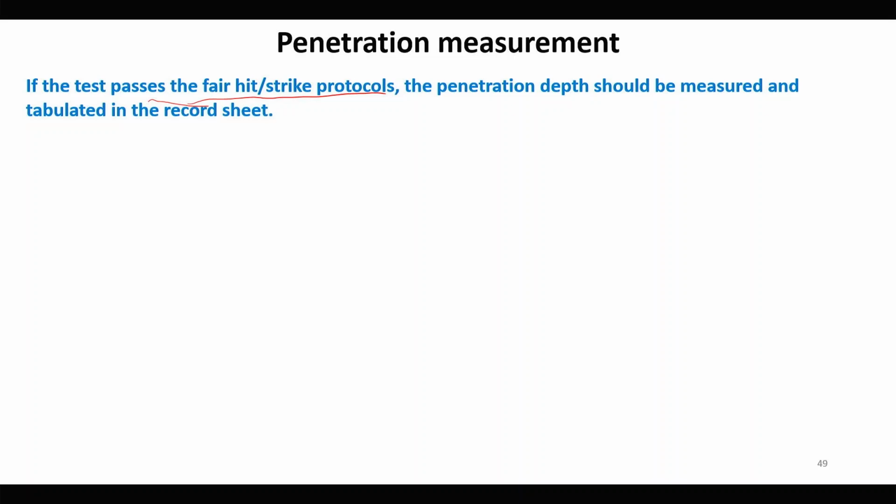Then we will take the test as a correct test, and then the penetration depths should be measured and tabulated in the record. So, here the main idea is to measure the penetration depth.